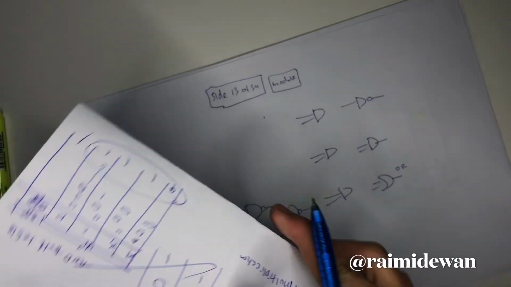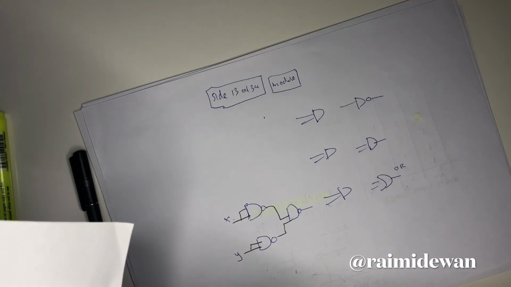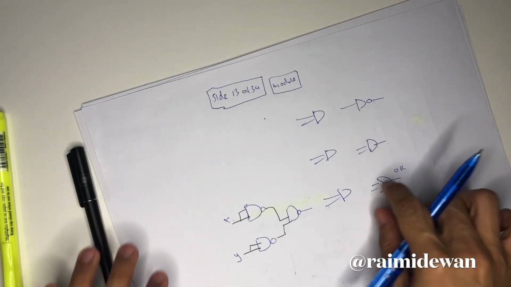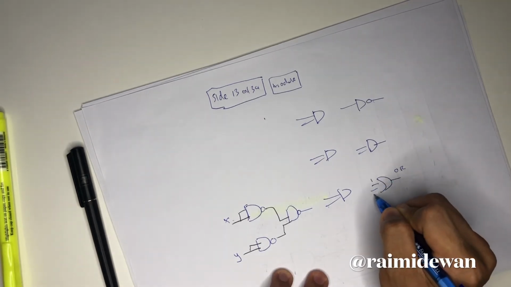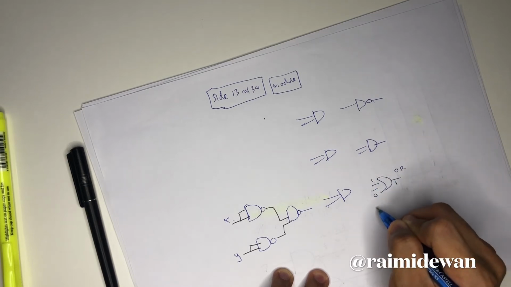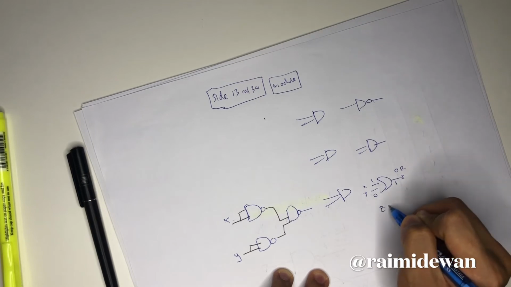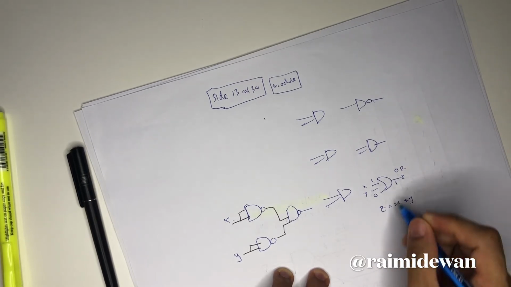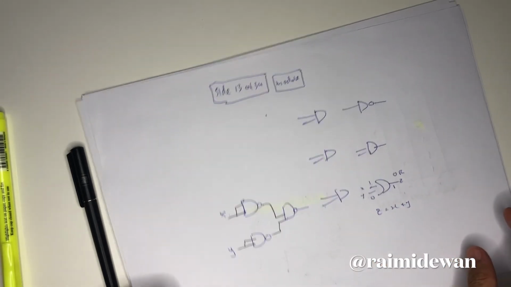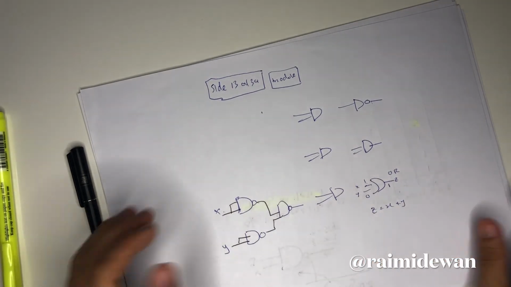We see from the example for the OR gate, 1, 0, you will have 1, right? Let's say x, y, z, here z equals x plus y, okay? So at least one input is 1, then you will have one output. So here, you can use 3 NAND gates to produce an OR gate.